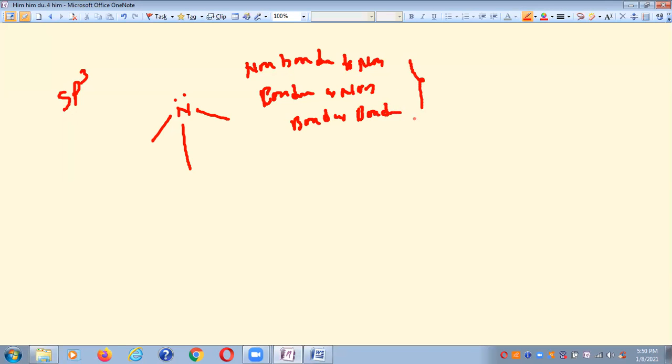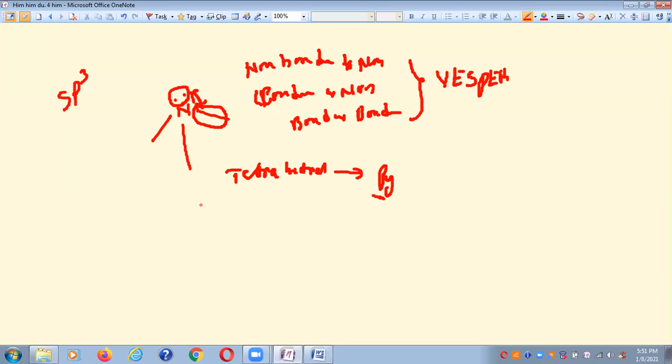That is discussed in the VSEPR theory, valence shell electron pair repulsion theory. In that, the repulsion is somewhat higher between the bonding pairs of electrons, these are bond pairs, and this is the non-bonding electrons. Between non-bonding and bond pair of electrons, repulsion takes place. Due to that repulsion, the tetrahedral shape is changed into pyramidal.